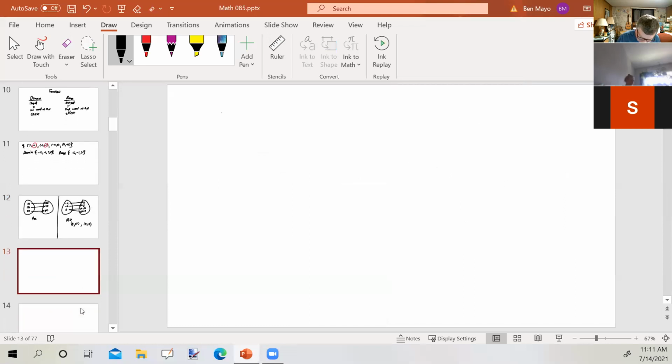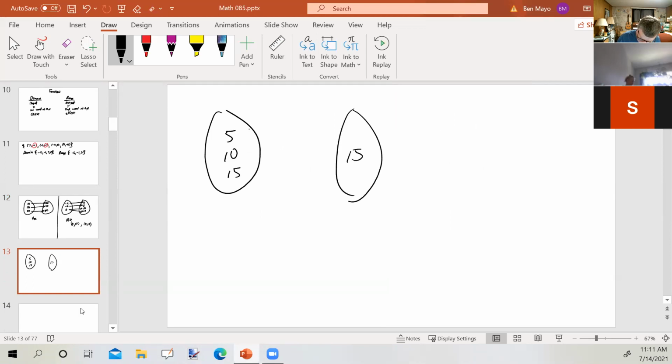Here's another one. Function or not? We've got 3 inputs going to the same output. How about triplets? 3 different people with the same birthday, okay?